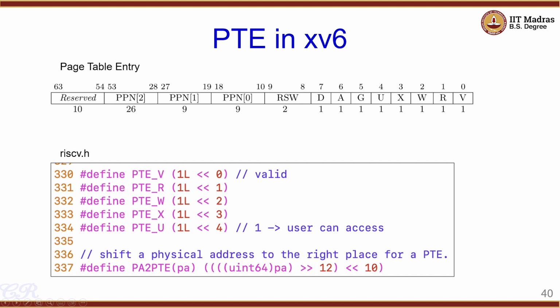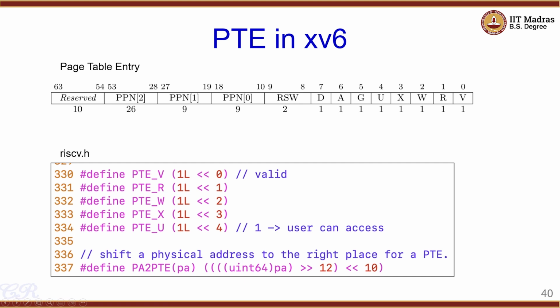If you look at this macro, it takes the physical address, which is 64 bits, right shifts it by 12 bits to get rid of the offset, and then left shifts it by 10 bits.